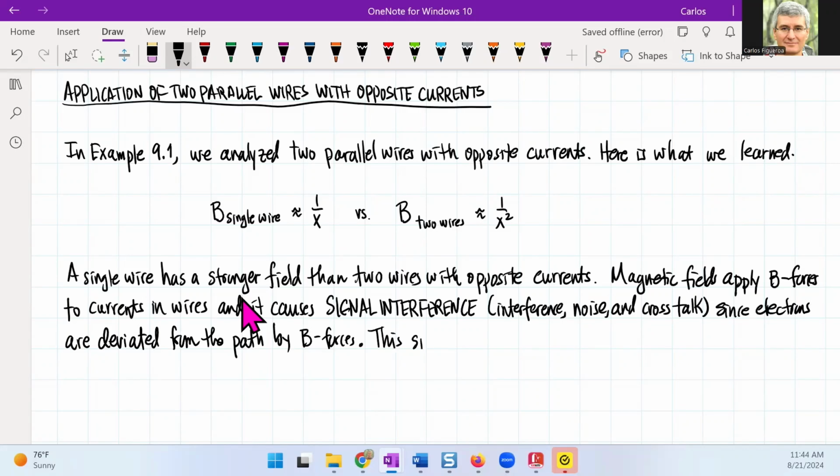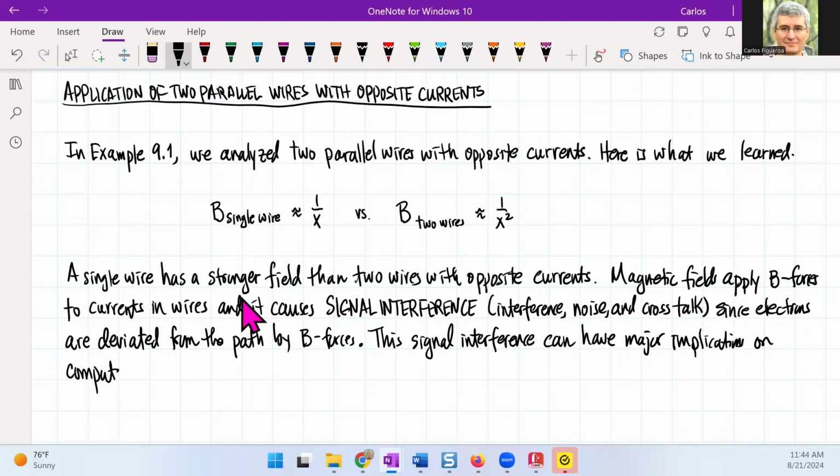This signal interference can have major implications on computers and audio cables, since magnetic forces can distort their signals.